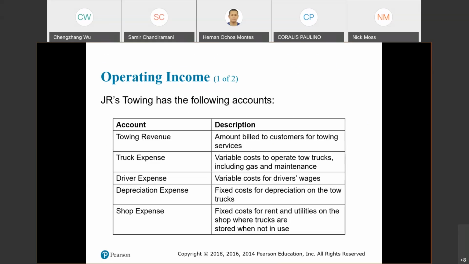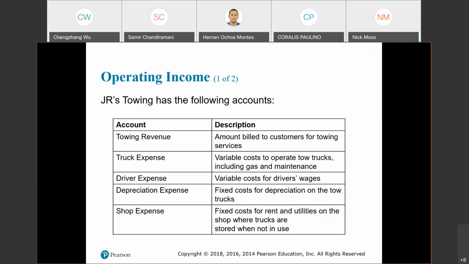Well, this slide lists some accounts in JR's Towing company. They have towing revenue, truck expense, which is a variable cost, as well as driver expense, which is a variable cost, depreciation expense, and shop expense.